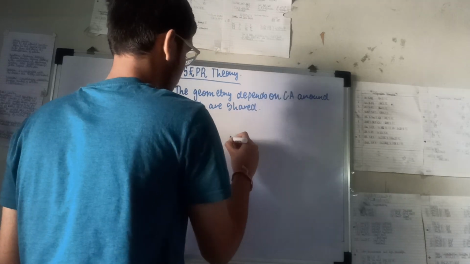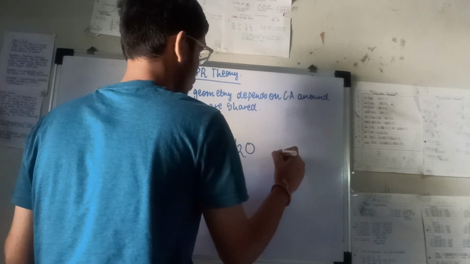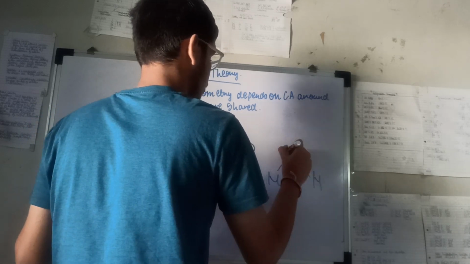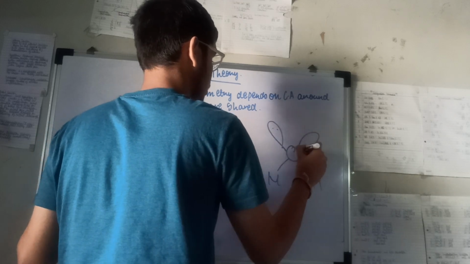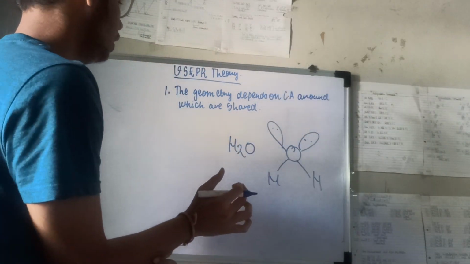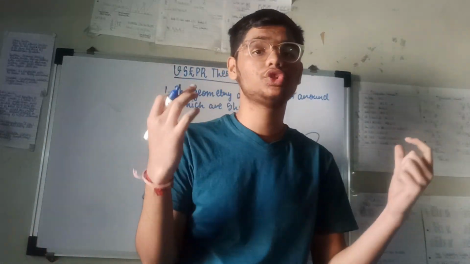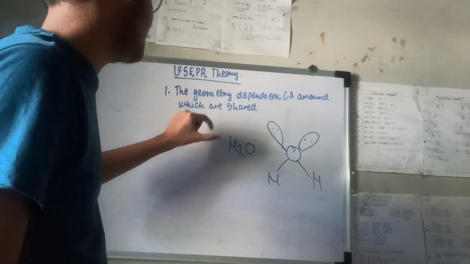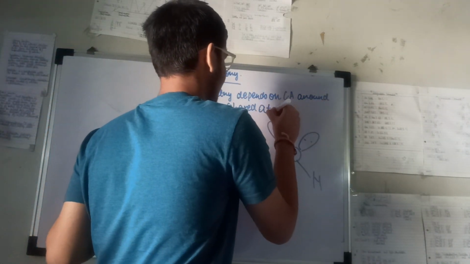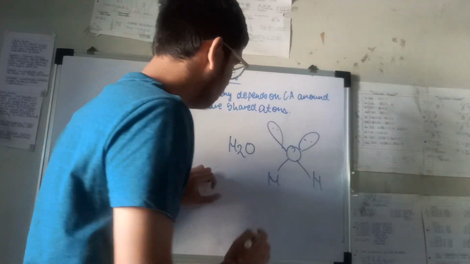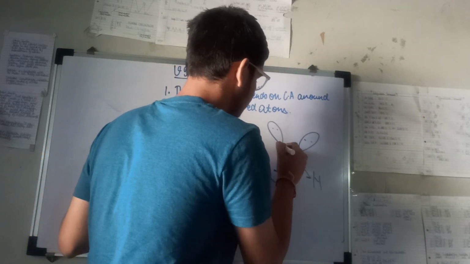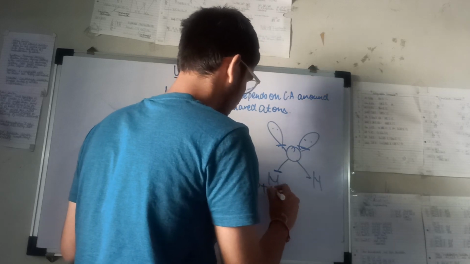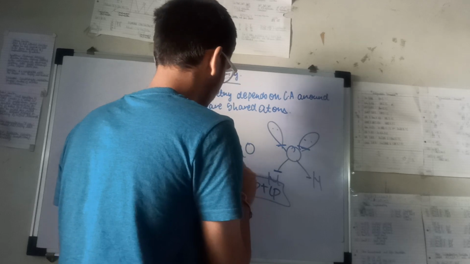Like in the case of water, H2O, O is the central atom, so H. So the geometry depends on the overall structure contributed by the central atom as well as the shared atoms, plus bonded electrons as well as the lone pair electrons. Bond pair electrons plus lone pair electrons give us the geometry.